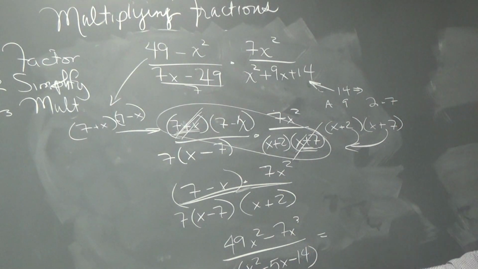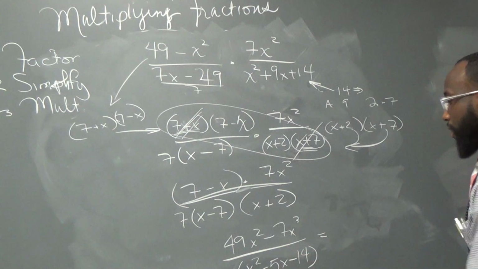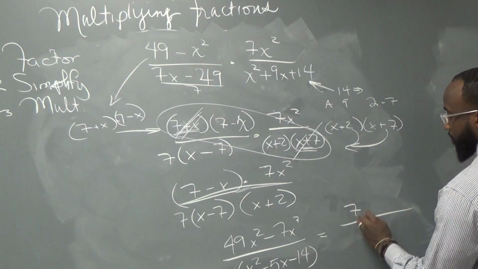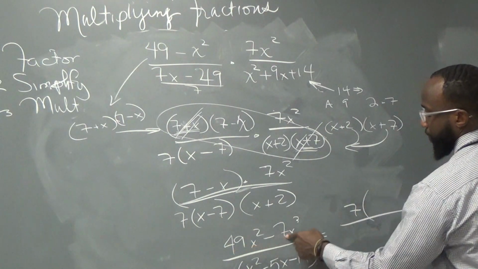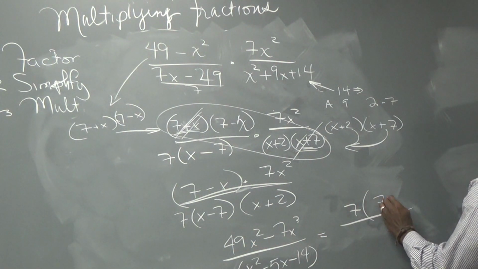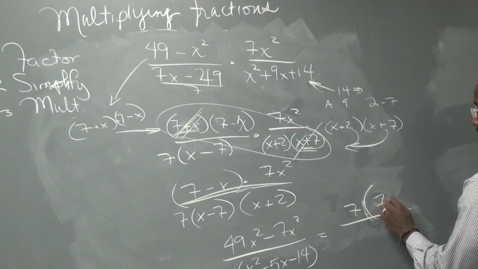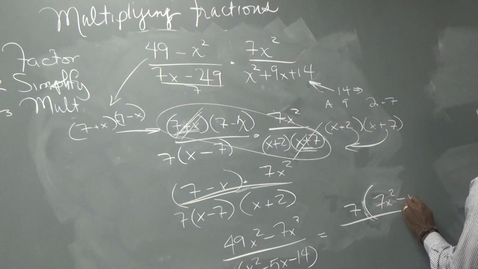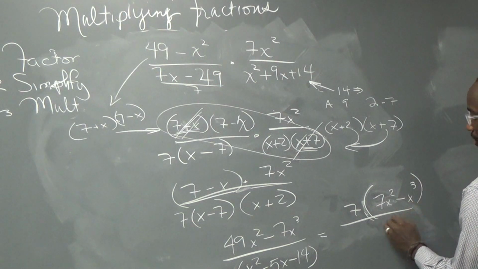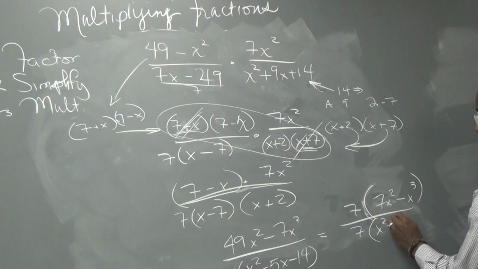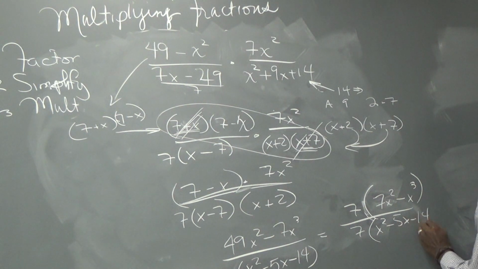And so you can leave it like that, or you can factor out one more 7. If you factor out a 7 again, and you throw that 7 on the outside, let's divide both of these by 7. You end up with 7x squared minus x to the third over the 7, and you'll have x squared minus 5x minus 14.